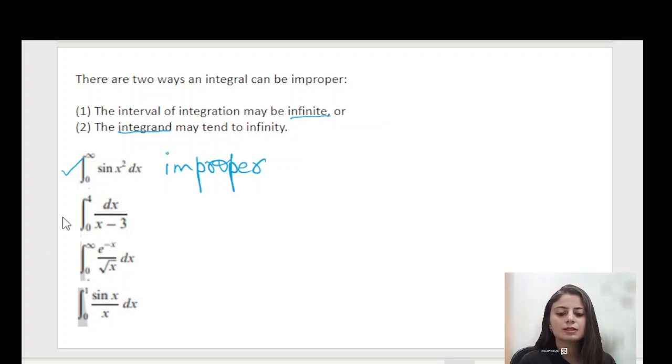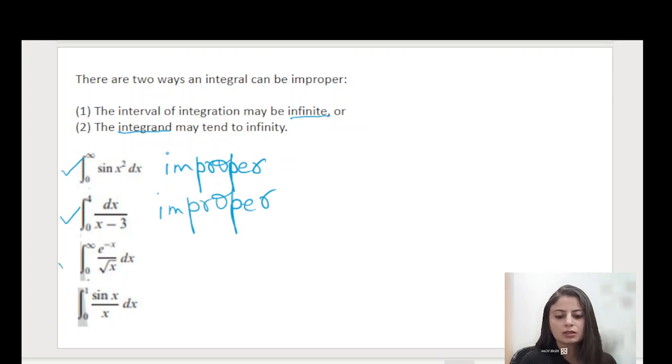Now consider this integral. The interval of integration is 0 to 4, which is a finite interval. Now let's check for infinite discontinuity. So my integrand is 1 by x minus 3, which tends to infinity at x equals 3, which lies within this interval. Therefore, this is also improper.